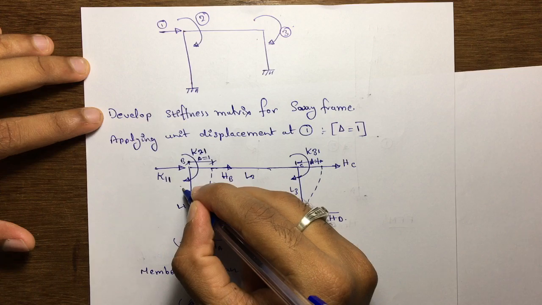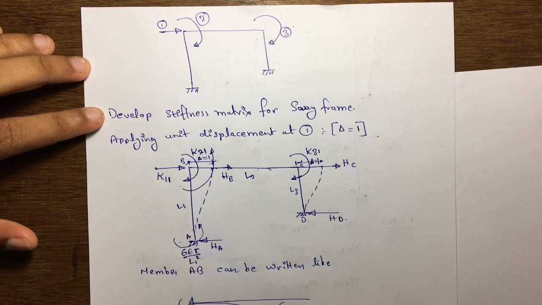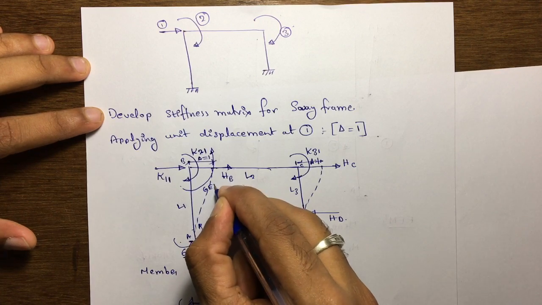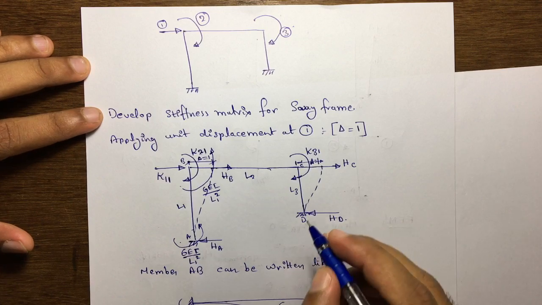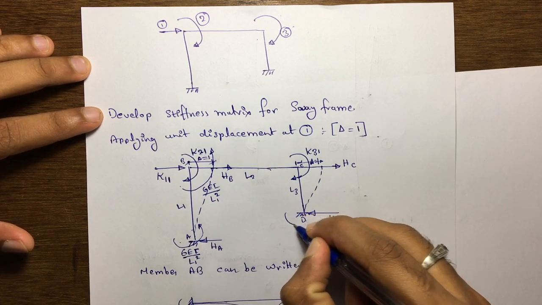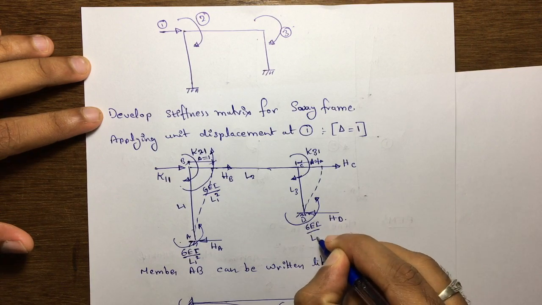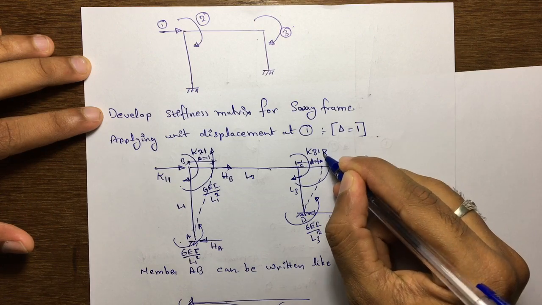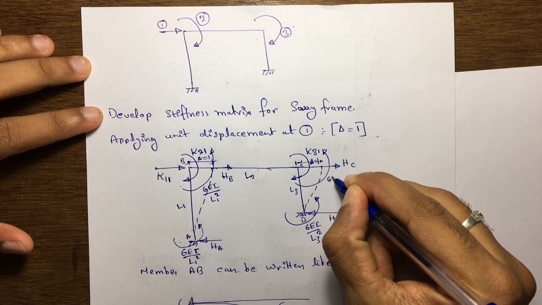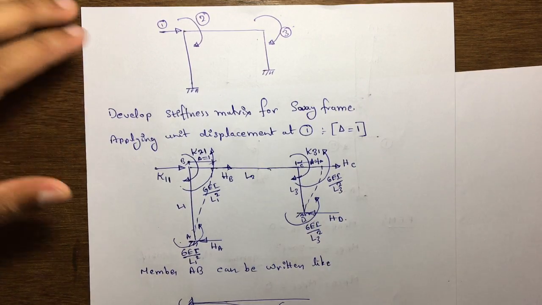Similarly, one more deflection here, that is this one, 6 EI divided by L1 square. Similarly here also 6 EI divided by L3 square. At the same time one more reaction here, that is rotation, 6 EI divided by L3 square.